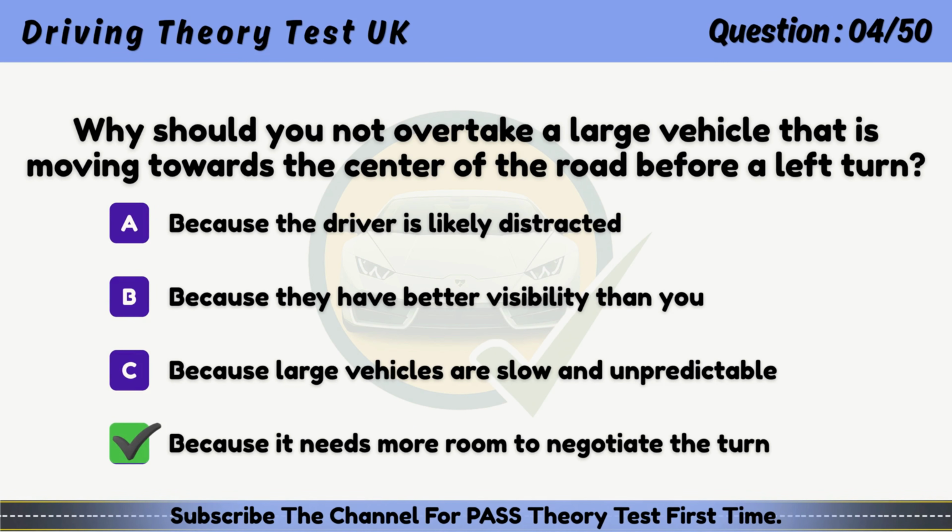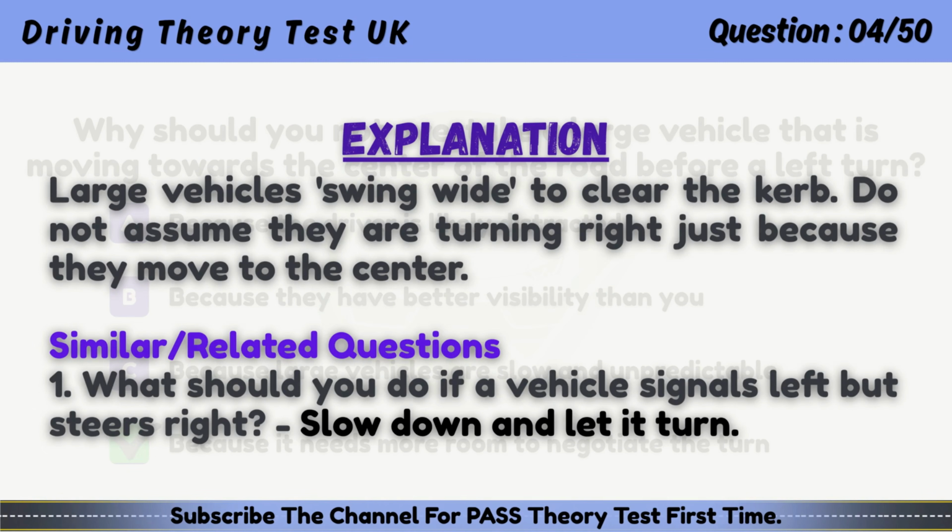Answer is D. Because it needs more room to negotiate the turn. Large vehicles swing wide to clear the curb. Do not assume they are turning right just because they move to the center. Question 1. What should you do if a vehicle signals left but steers right? Answer is slow down and let it turn.